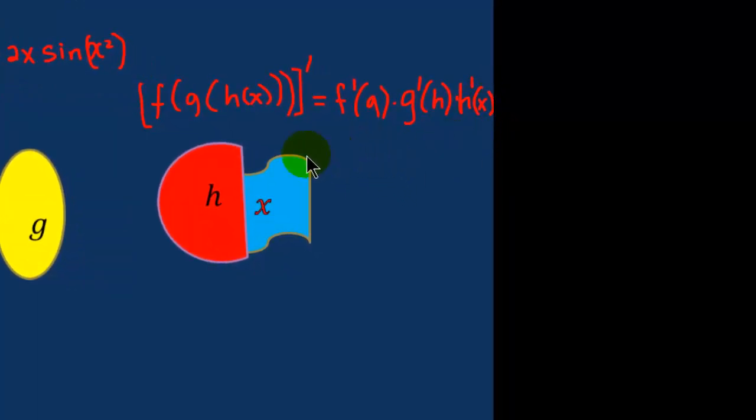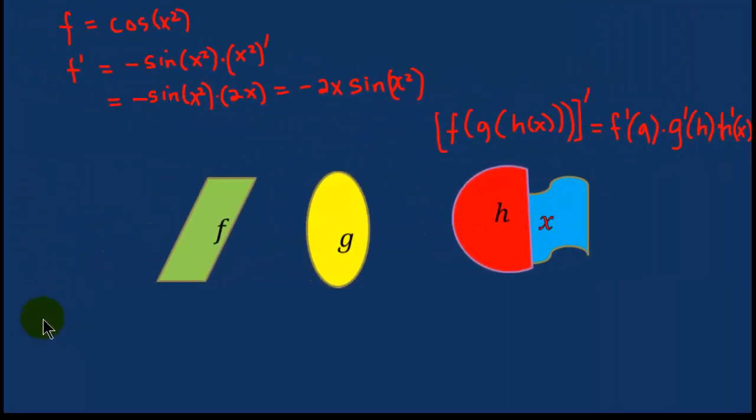Let me give you an example. What we'll do is look at a different function here. So suppose f is equal to the cosine of tangent 3x. So what we've got here is that this is our h of x, g is the tangent function, and f is the cosine function. So what is the derivative of f with respect to x? We look at the big picture on the outside.